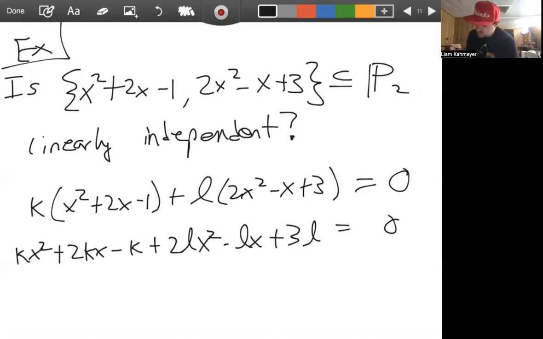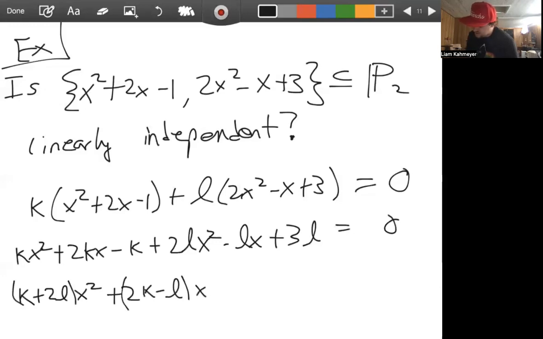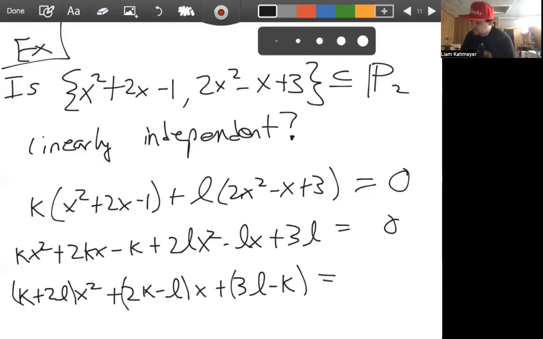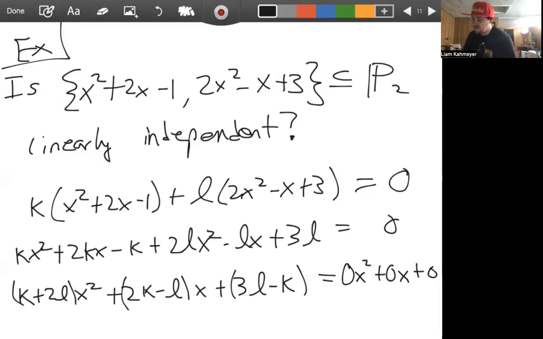Again, we group like terms, and we're going to get k plus 2l times x squared, plus 2k minus l times x, and then plus 3l minus k, equal to 0. But what is 0? As a polynomial, 0 is equal to 0x squared plus 0x plus 0.